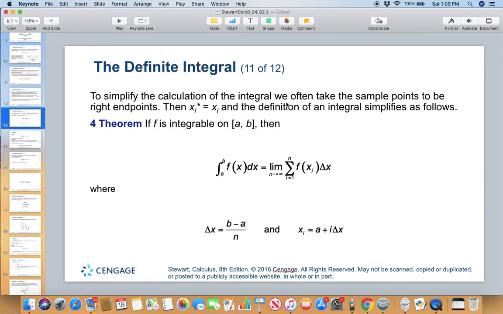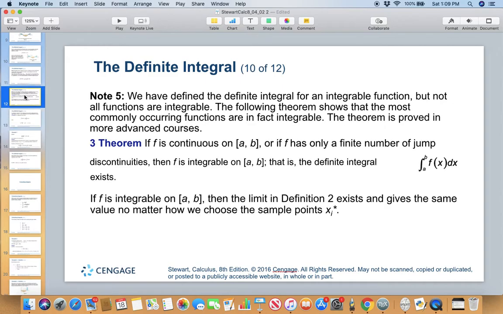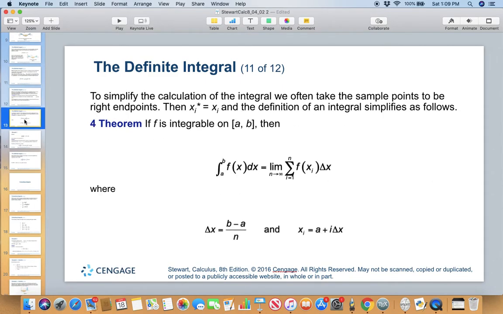To simplify the calculation of the integral, we often take the sample points to be the right endpoints. So xi* is xi, and we use f of xi. What is xi? xi is your starting point plus i rectangles' worth of width.